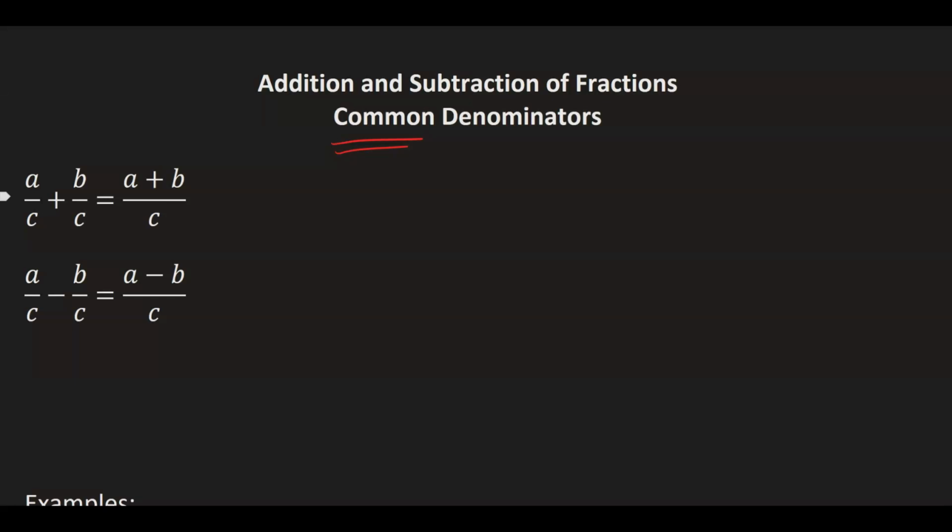So in this case, when we have a common denominator of C, the common denominator remains the same, and we just add the numerators for addition. And the same goes for subtraction. We keep the common denominator as the denominator, and we perform the subtraction across the numerator.